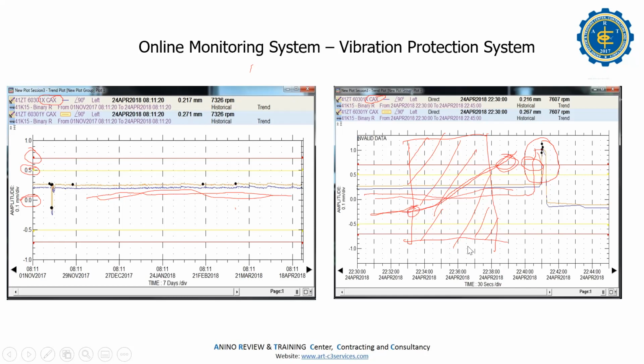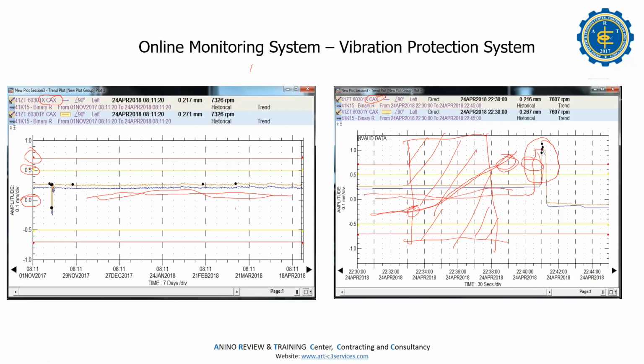Recently I did a fan balancing. It was a cracked fan, because the maintenance people didn't have a spare fan. So what they did was weld all the impeller vanes, because there were so many cracks on that fan. They put lots of welding, and then I did the balancing.